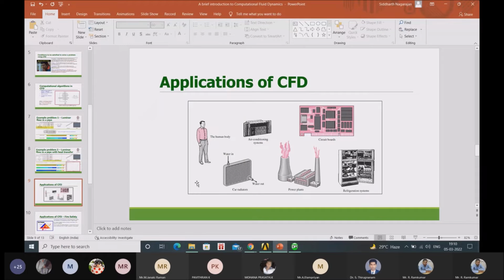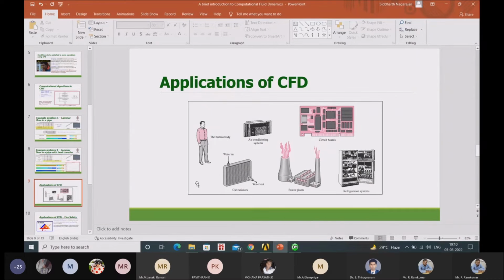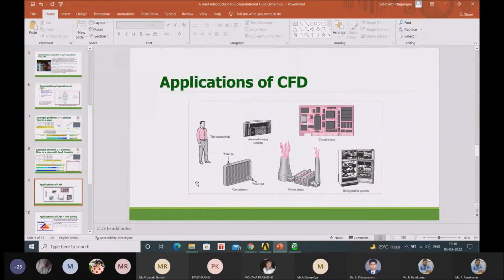So flow through the small tubes, flow of blood into the tubes and all that is what I deal with. So the human body. And then our air conditioning systems, it has a lot of refrigerant flowing. There is also a compressor, and we have an exhaust fan and all that. So it's a fairly complicated device that has both heat transfer and fluid mechanics coupled together.